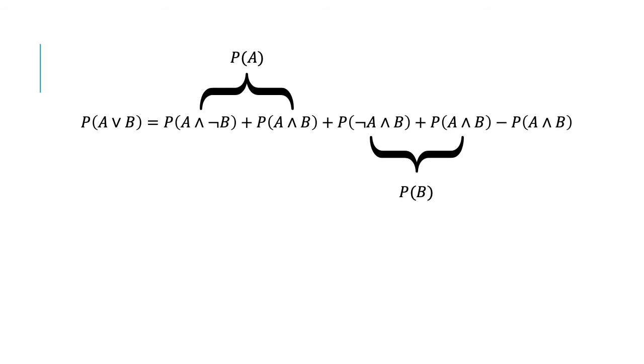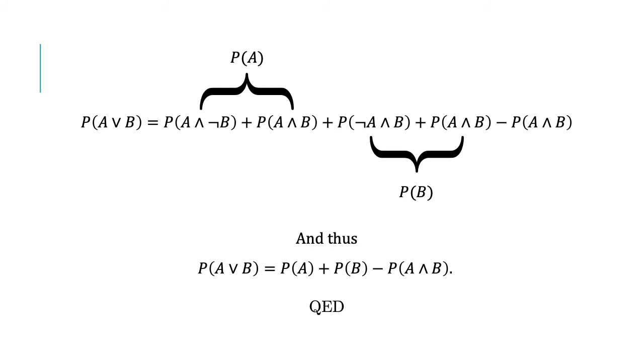Similarly, for the probability of B, we're adding the areas of the portion of B that does not contain A with the portion of B that does contain A, producing the simplified expression: the probability of A or B is equal to the probability of A plus the probability of B minus the probability of A and B. And that is the end of the proof.